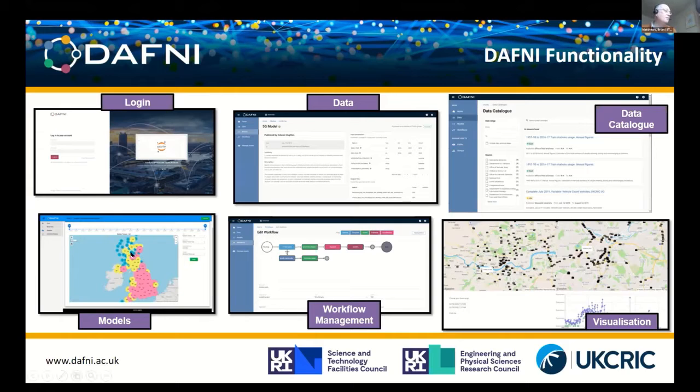And then we have an environment for uploading models that people have developed elsewhere onto the system, and then building more complicated workflows around them, executing them, linking them together as necessary, and then doing visualizations on those. That's one of the areas that's currently very much under development, and we hope to show some of the latest features of that today.